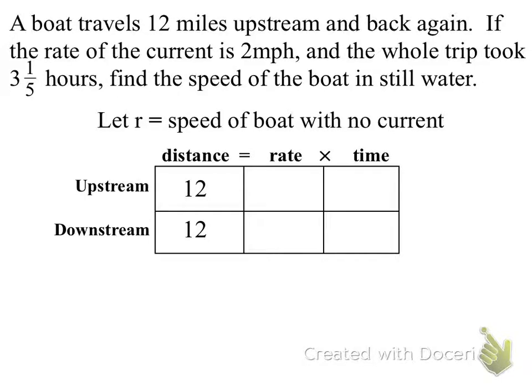My rate, how do I show the rate going upstream? Is that going with or against the current? Against. So R minus 2. But going downstream, it's going to be R plus 2. Okay?